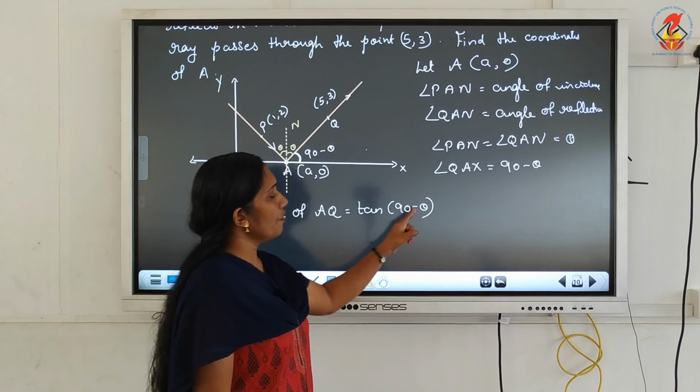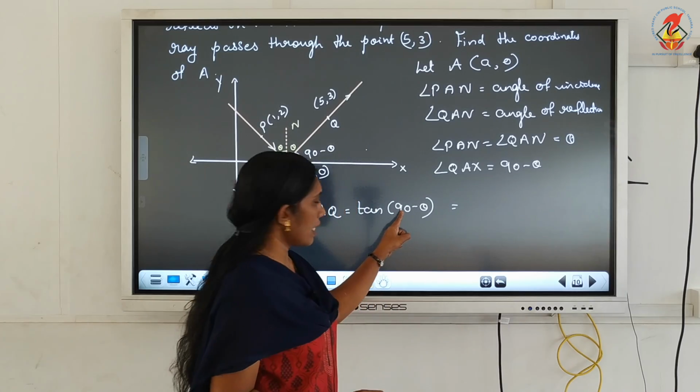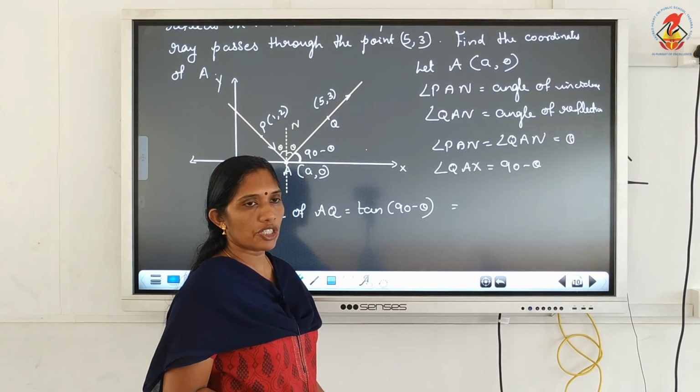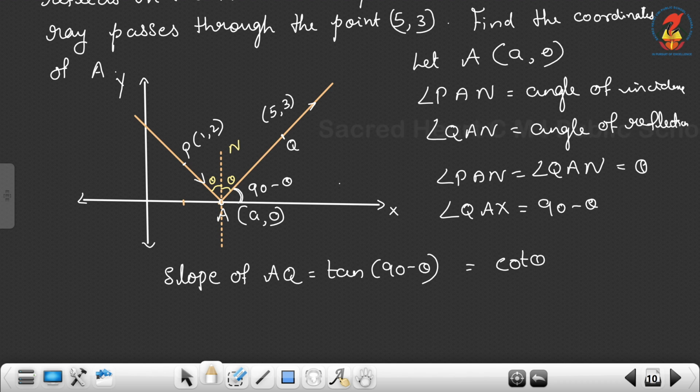What is tan of 90 minus theta? Since it is 90, tan will change to the function cot. So cot theta. Again, 90 minus theta is in the first quadrant, so the tan value is positive. So tan of 90 minus theta is cot theta.